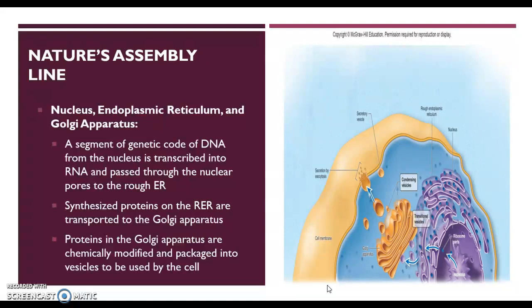That ribosome, with the help of ribosomal RNA and transfer RNA, is going to interpret or translate the message within the messenger RNA and synthesize proteins that are going to be stored and travel through the ER to the Golgi apparatus, where they will be chemically modified, packaged, and then transported to where they are needed within the cell.